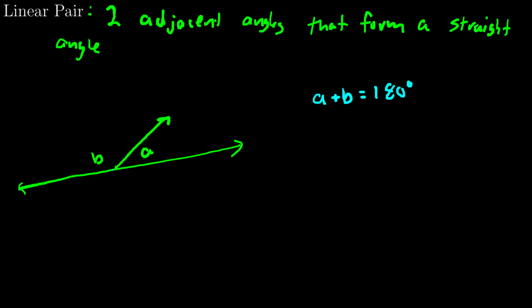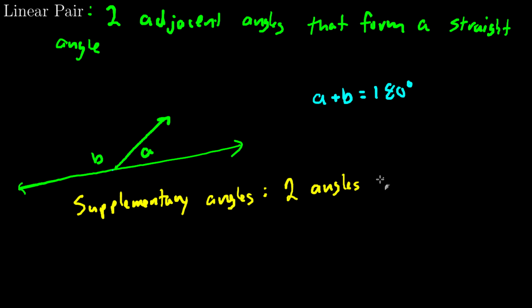Now, I'm not going to give specific problems of this other type, but you could have another term called supplementary angles. And that is just two angles whose measures add to 180 degrees.